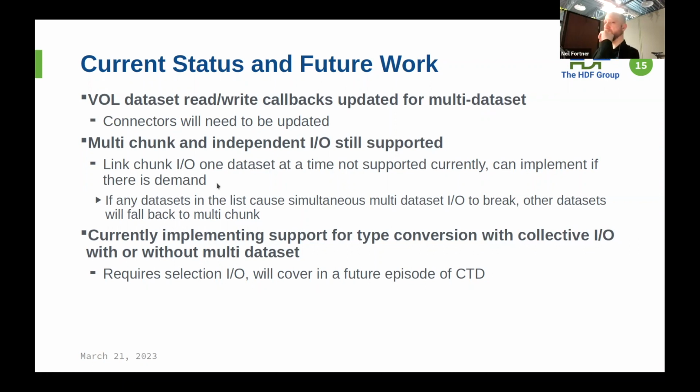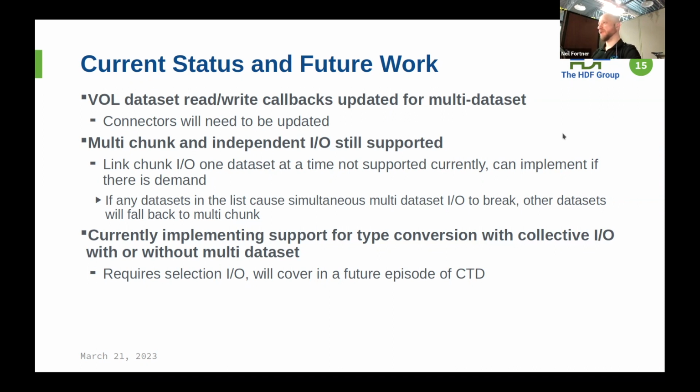If there was demand for it, we could implement link chunk one dataset at a time. But right now, we're not sure that it has a use case. And you could test it by, again, doing one data set at a time.